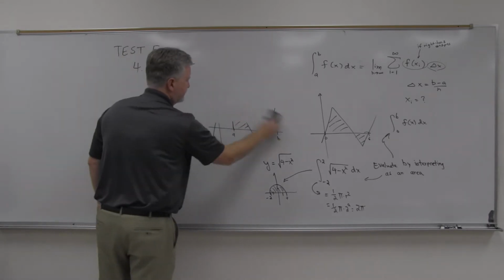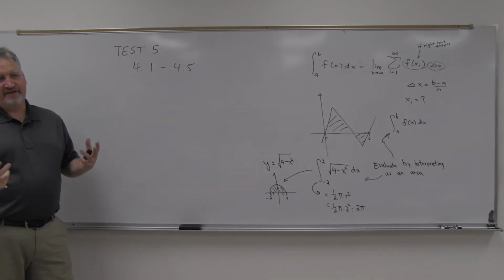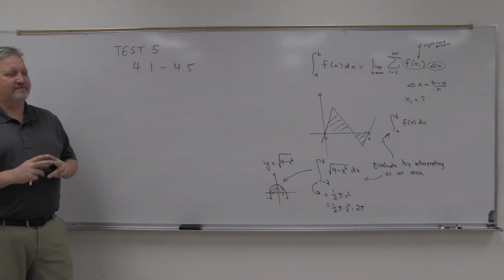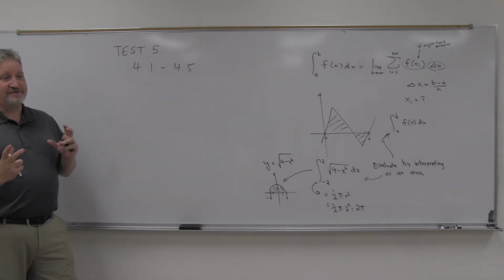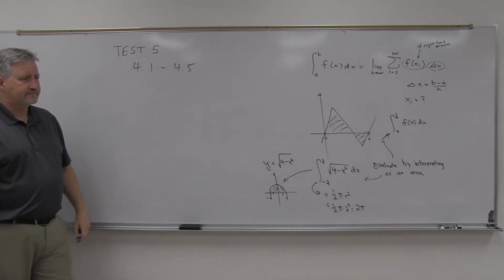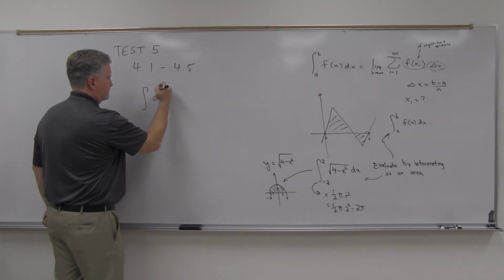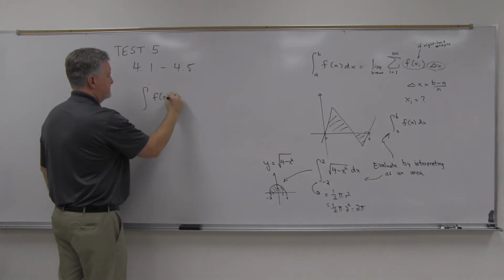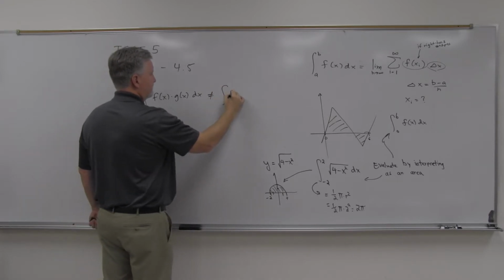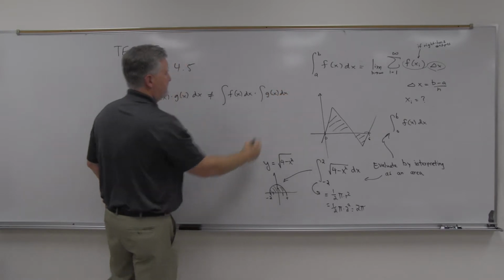And of course then, just our regular, evaluate the integral from a to b or indefinite integral doing the antiderivative. But again, I like to stress that if you've got multiplication, we do have a couple of options. The integral of f of x times g of x, in general, does not equal the integral f of x dx times the integral g of x dx.